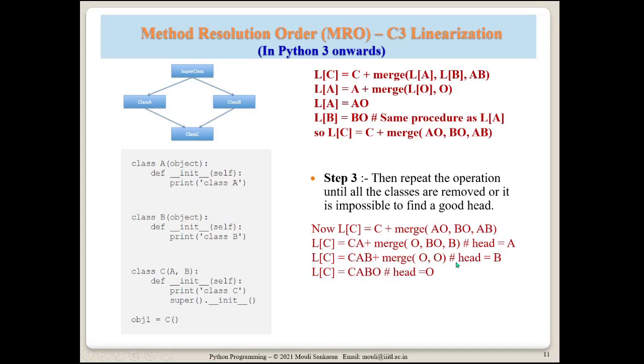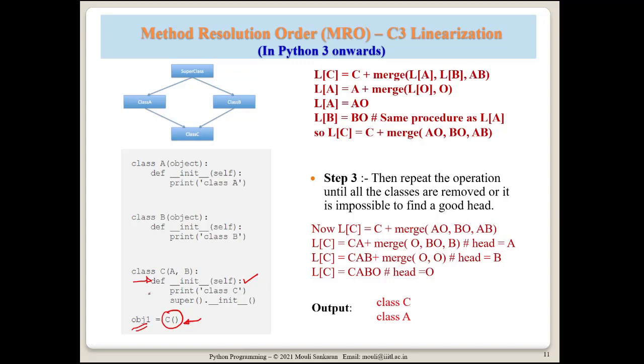Now, let me show you a little more complex algorithm. Before that, let me show you the output. Now, suppose I execute this, what will happen? I am creating an object of C. Now, it is going to execute this init.